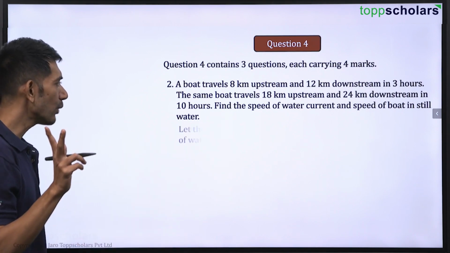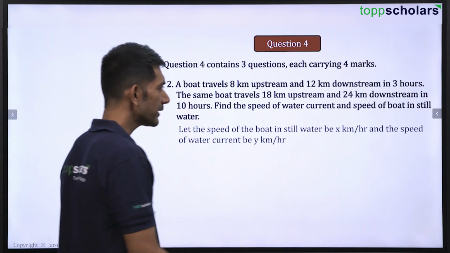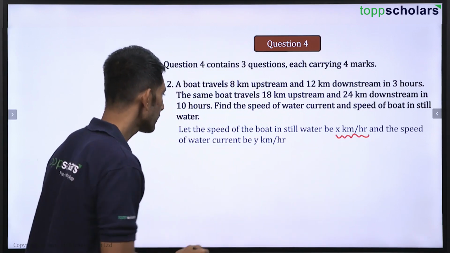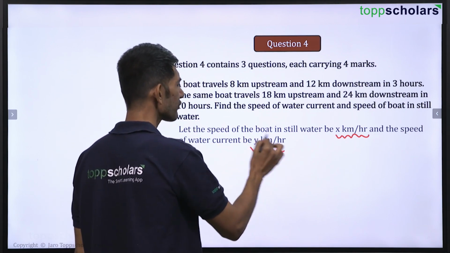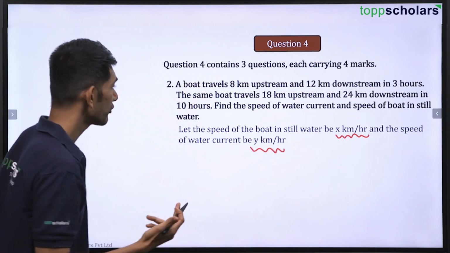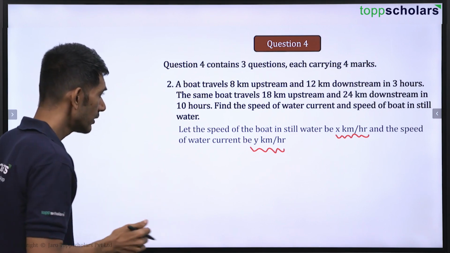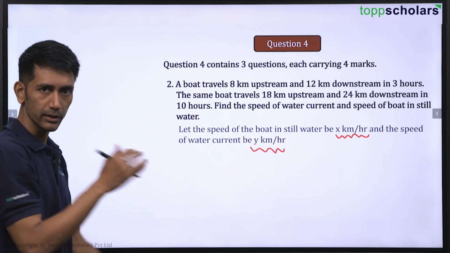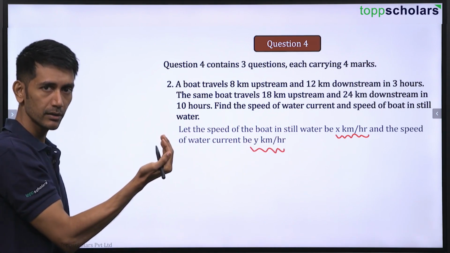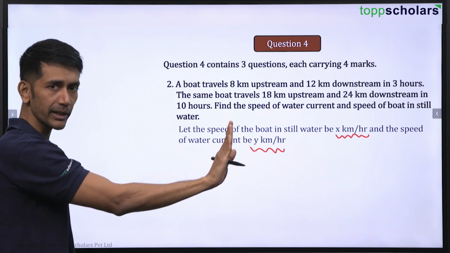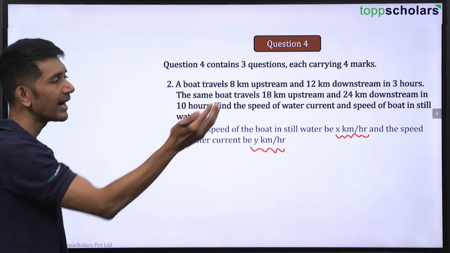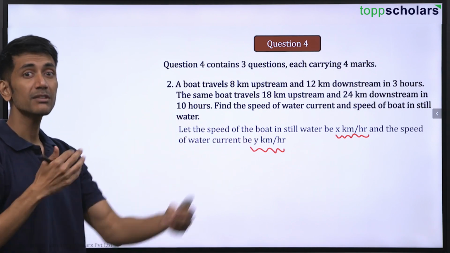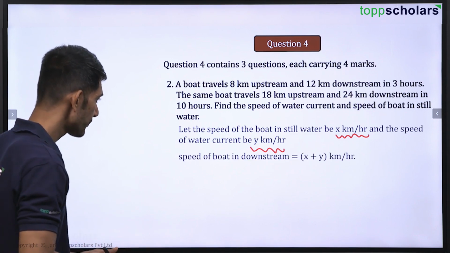So definitely here two values we are supposed to find out. So let the speed of the water current and speed of the boat be... We are taking the speed of the boat as x kilometer per hour and the speed of the water current as y kilometer per hour. So what happens? Boat and water current. Whenever there is upstream, the speed of the water current will be subtracted from the speed of the boat, right?